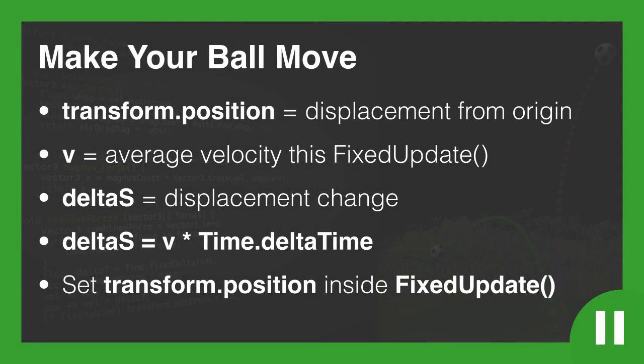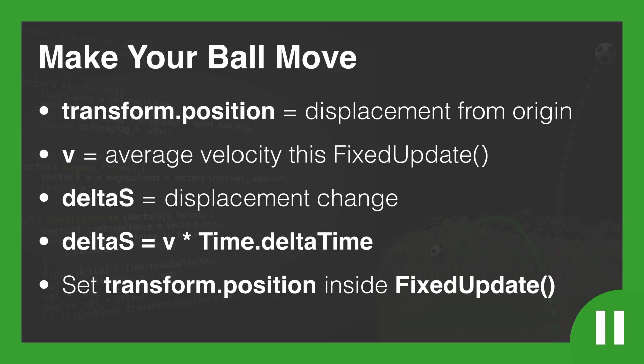Secondly, v. We're going to define a variable called v. We need to be a little bit careful about what v really means, and we'll get into a lot more detail about this later. The computer can never really deal with continuous changes in velocity. It's always going to be taking a snapshot every fixed update. So this v is the average velocity over the last fixed update period, over the last 50th of a second by default.